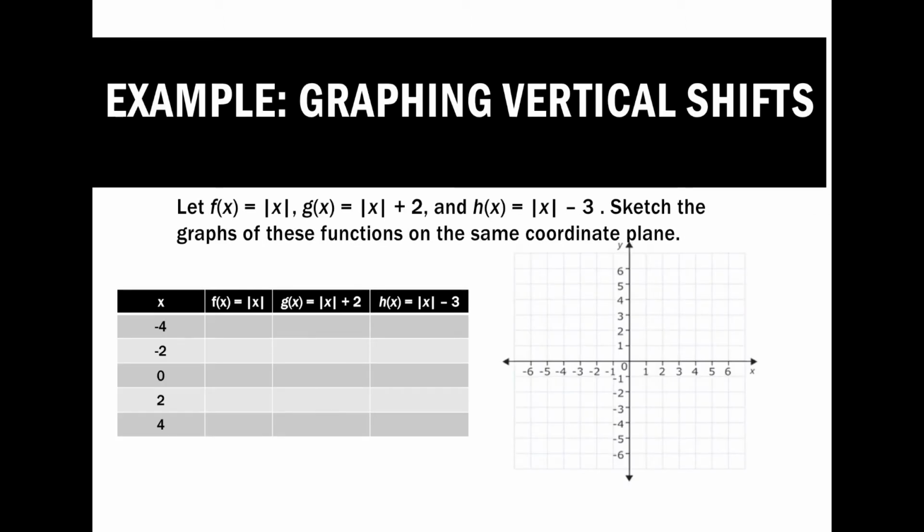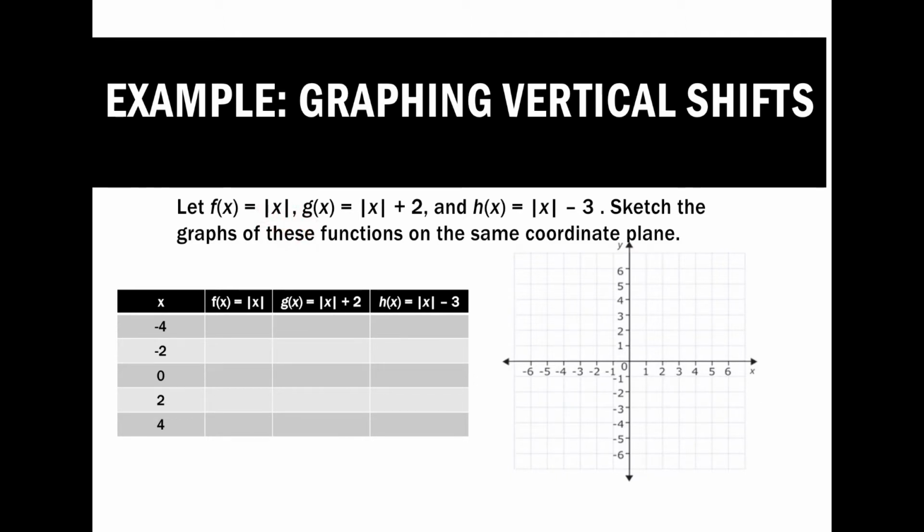All right, so let's look at some examples and graph these side by side. We'll start off with one of the graphs that we looked at in our family of functions, which is the absolute value function, f of x equal to the absolute value of x, which, of course, simply is a measure of the distance any number is from 0 on the number line. That's the definition of absolute value.